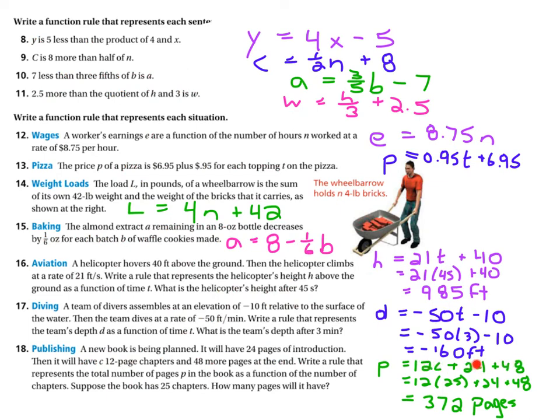Okay, you could actually combine this to 72 if you like at the start, because that's a set number. 24 at the start and 48 at the end will be 72 no matter how many chapters there are, but each chapter has 12 pages. So you do 12 times the number of chapters, and then they say, calculate it for 25 chapters. So 12 times 25 is 300, plus the 24 at the start and 48 at the end would be a total of 372 pages.